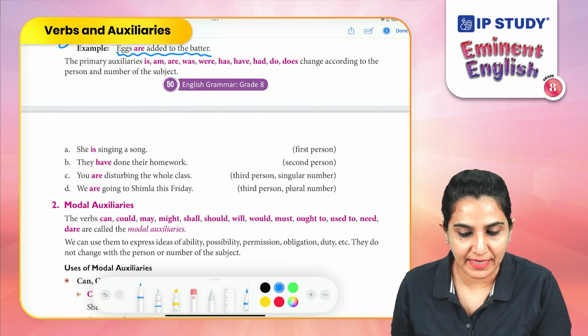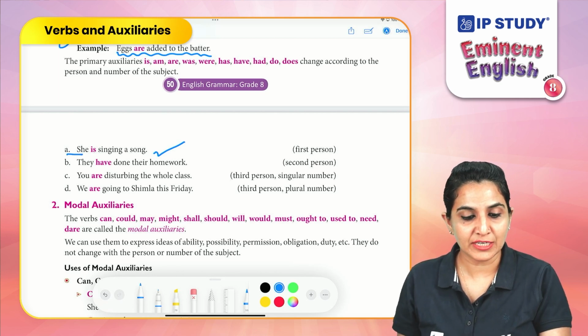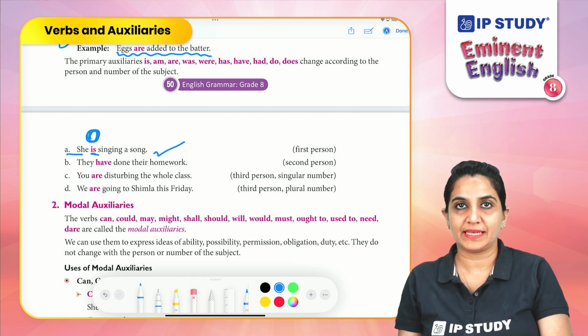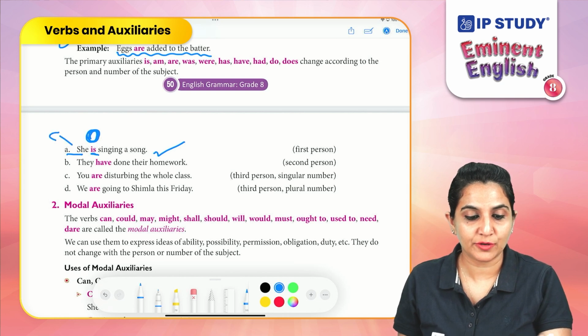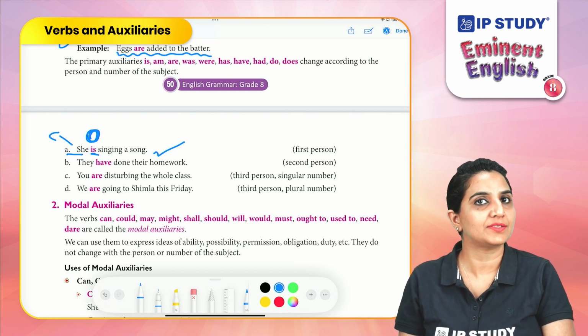She is singing a song. She is the third person and we have used is as the primary auxiliary. If we had used they instead of she, that means it was a change in the number. Hence, we would have used they are singing a song.